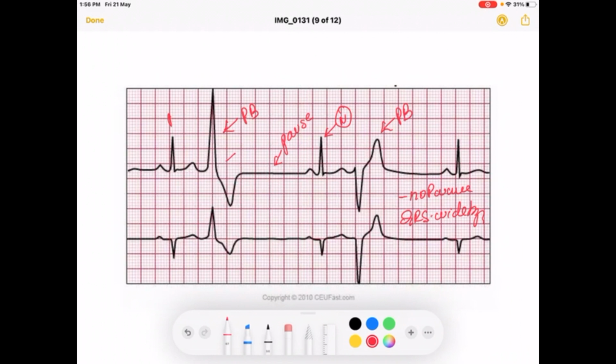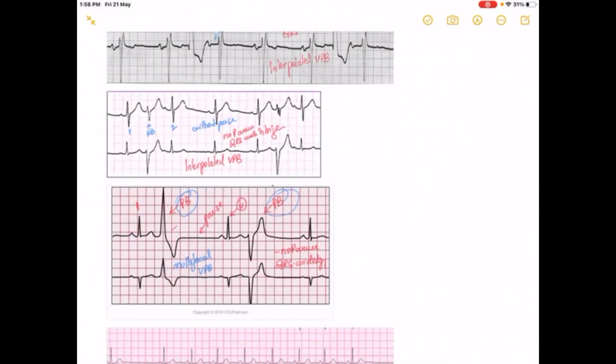Again, the morphology of this premature beat and this premature beat is different, indicating that each premature beat is arising from different foci of the ventricle. So this is multifocal ventricular premature beat.